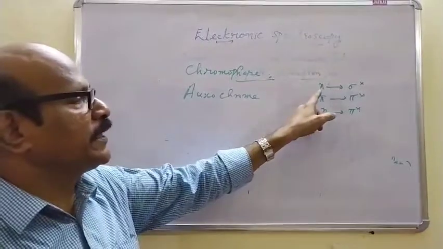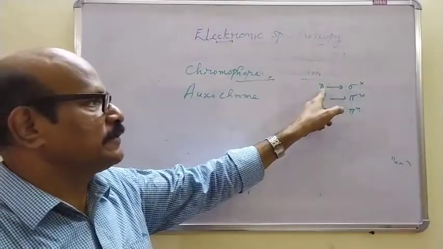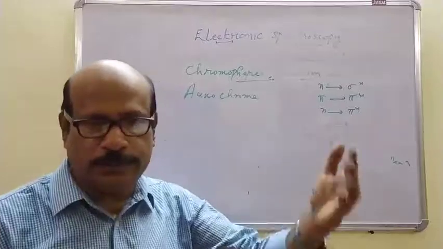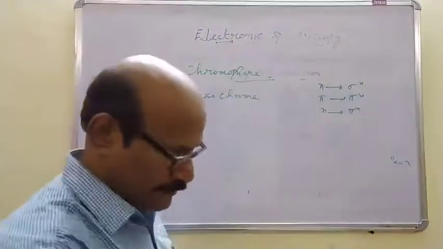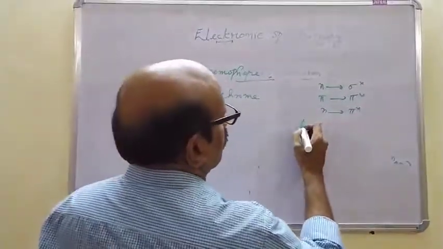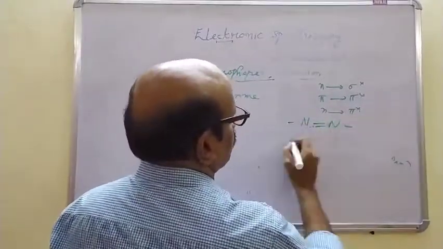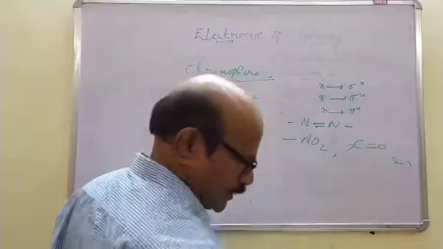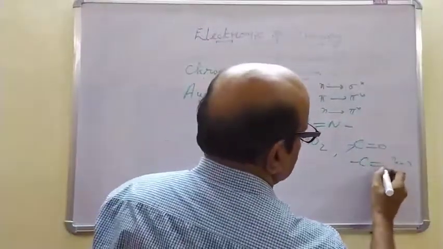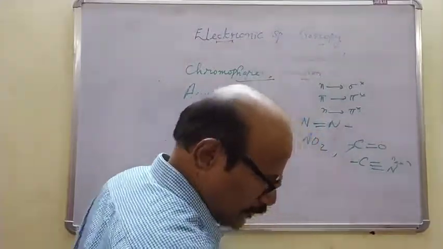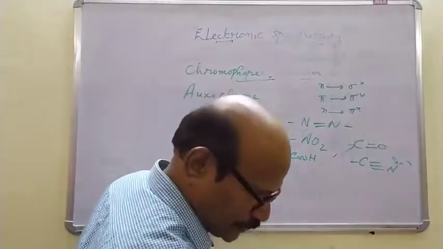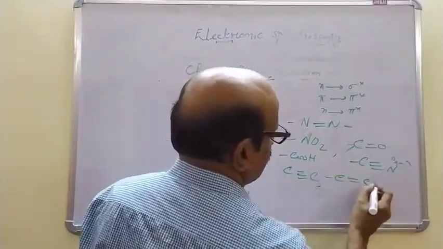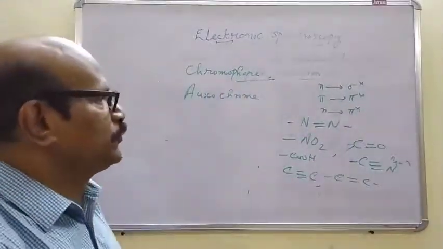Mainly this group causes transitions due to n to sigma star, pi to pi star, and n to pi star transitions. Examples are the azo group N double bond N, NO2, the carbonyl group C double bond O, the cyanide group CN, the CHO group, C triple bond C, and C double bond C. All these are suitable examples of chromophores.